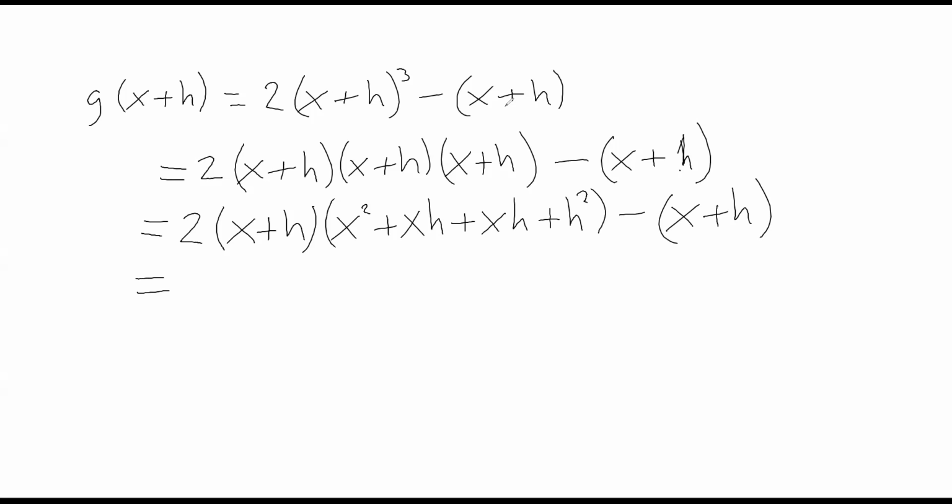Okay, I'm going to go ahead and simplify the parentheses around the x squared plus xh plus h squared before I do anything else here. So 2 times x plus h times x squared plus 2 times xh plus h squared, and still minus that x plus h.